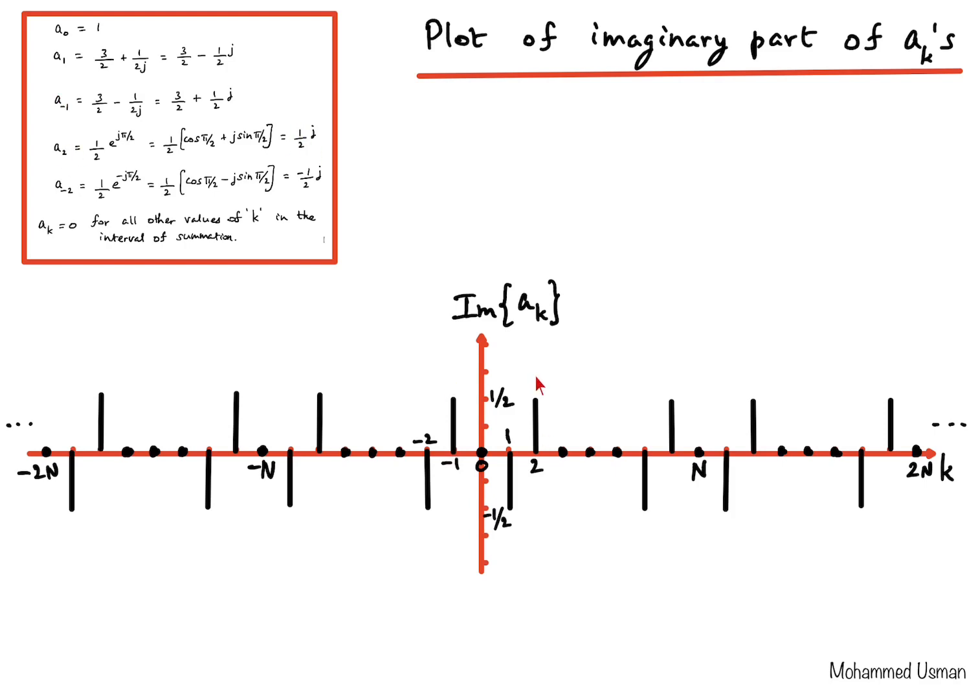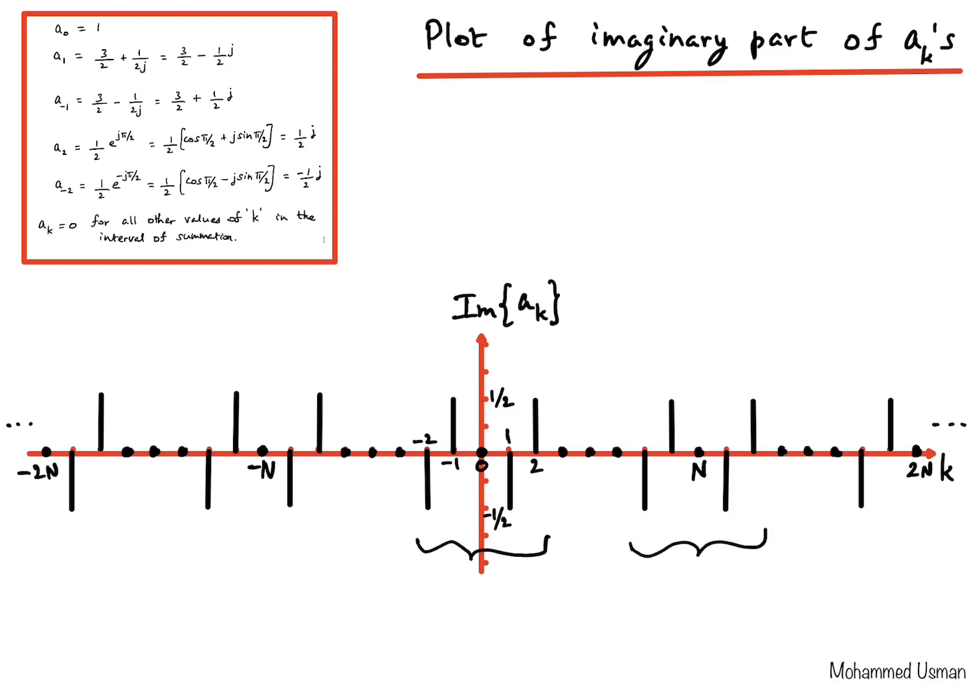For k equal to 2 it is plus half, and for k equal to minus 2 it is minus half. So that is one entire set of these Fourier coefficients, and these will repeat after n samples.